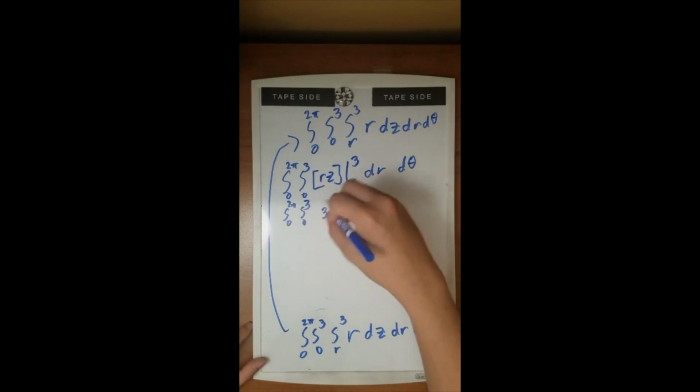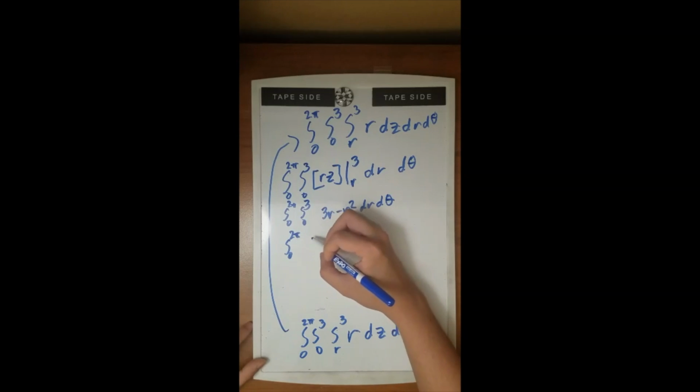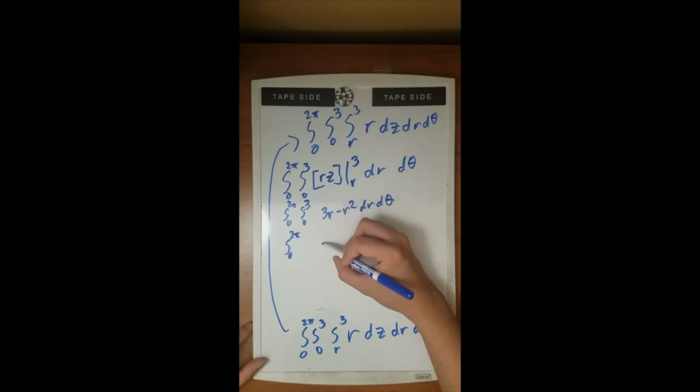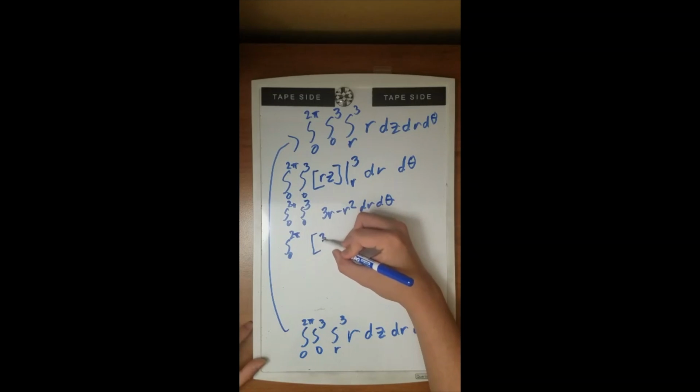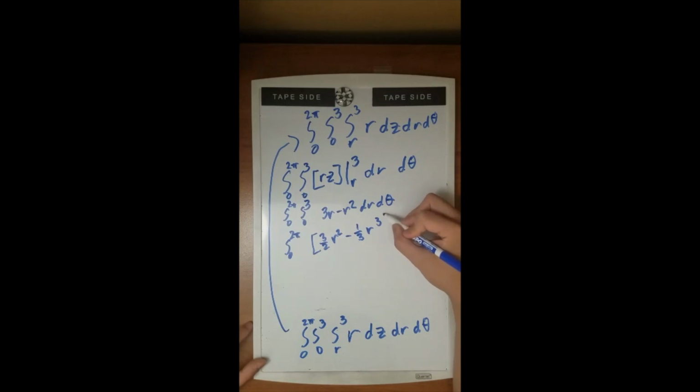Now we're going to want to do the second integral, which will go from 0 to 2 pi of 3 over 2 r squared minus 1/3 r cubed evaluated from 0 to 3, d theta.